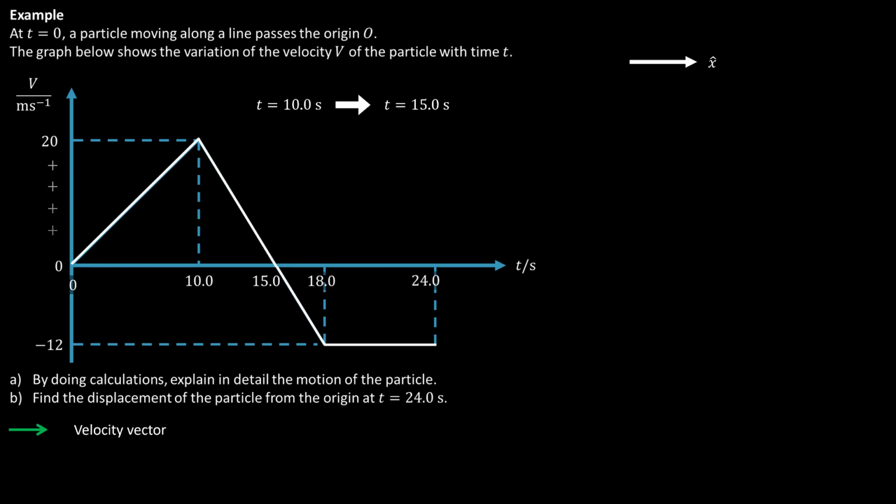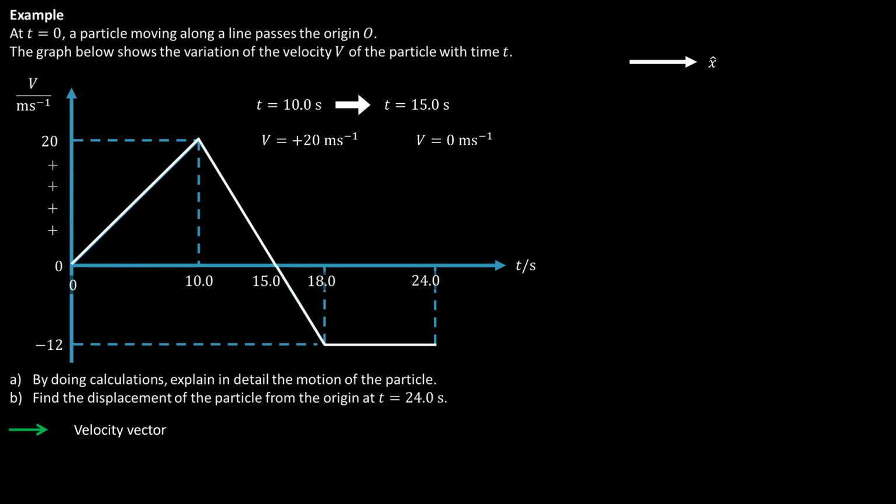Also, the value of the velocity changed from 20 meter per second to 0 meter per second, which means the speed decreases over this time interval, and when speed is decreasing, we call this a deceleration.